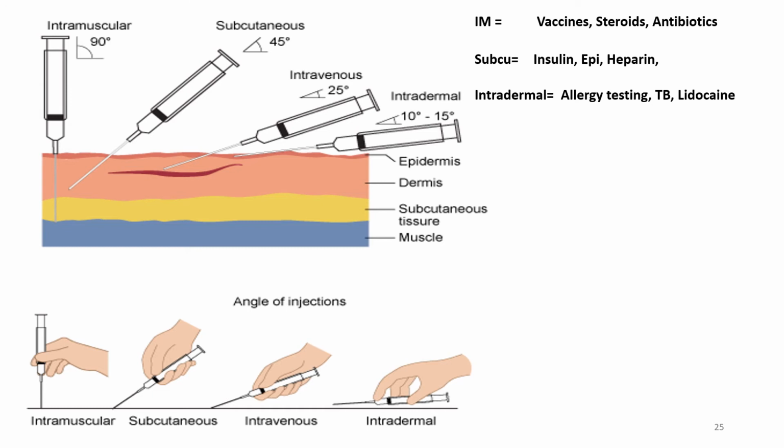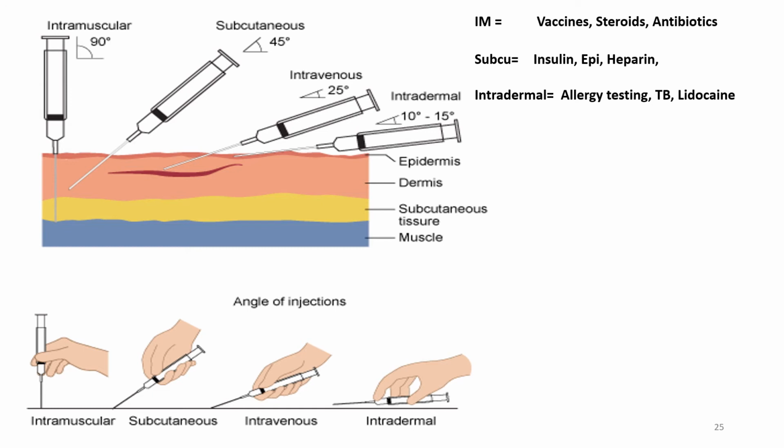And I know that you guys talked about this a little bit with Miss Party, but I want to revisit this because you will see some of these questions on our test. So subcutaneous, of course, we're going right below the epidermis, and it's at a 45-degree angle. So if we're looking to insert, sorry, I get tongue-tied, insert an IV, you're going to see that our angle is about 25 degrees.